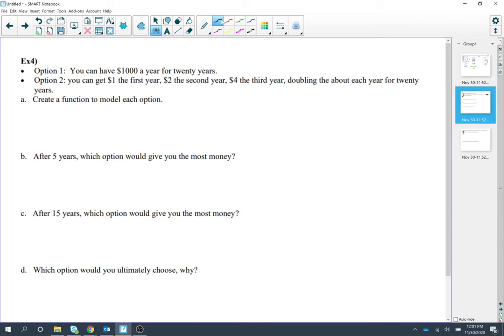Well, first of all, when we start this, I think I'm going to make a table and see what's going on. So option 1, you can have $1,000 a year for 20 years. So if we start a table, we've got years, we've got money, and then first year, second year, third year, fourth year. That's probably good enough.